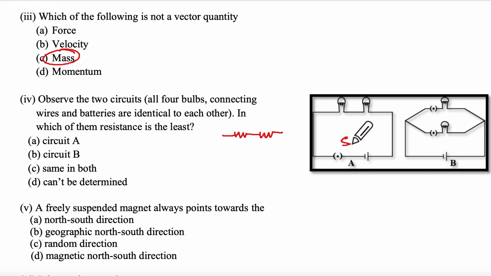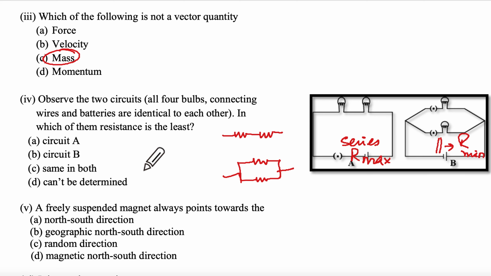So A is actually a series circuit, and in B the bulbs are connected like this, in parallel. Now in parallel the resistance is minimum, it decreases, and in series resistance increases.